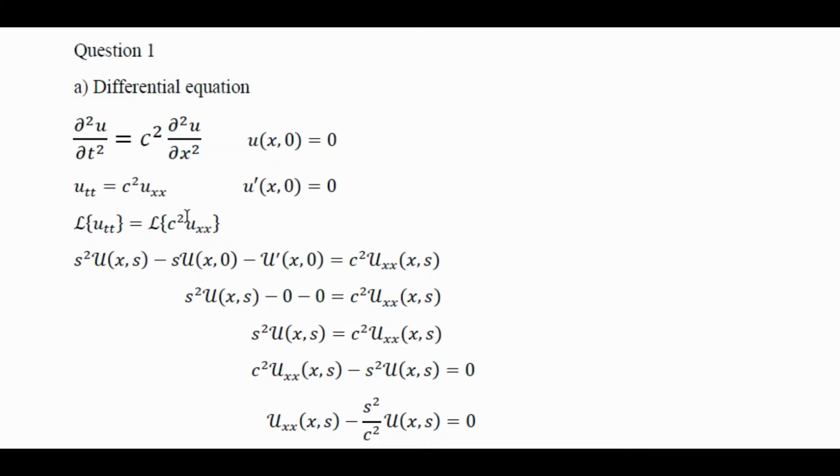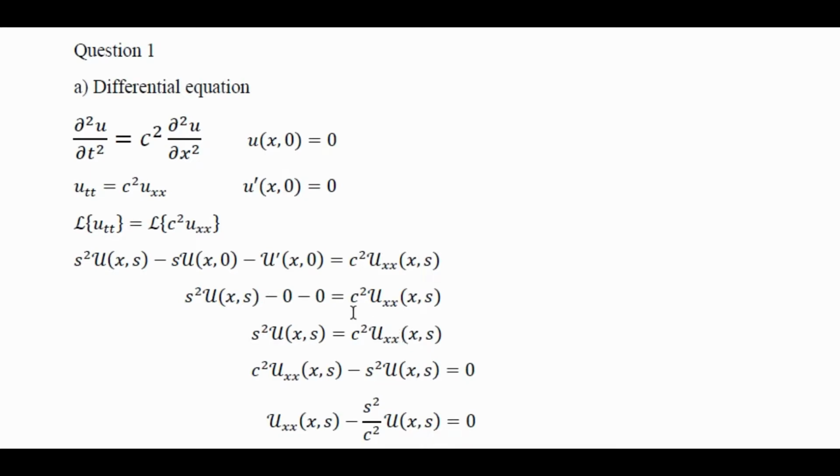We Laplace transform both sides of the equation, so from entry number 21, transform of derivative, we get s squared U(x,s) minus s u(x,0) minus u'(x,0) equals c squared U_xx(x,s). We know u(x,0) equals 0 and u'(x,0) equals 0, so we plug in the values into the equation.